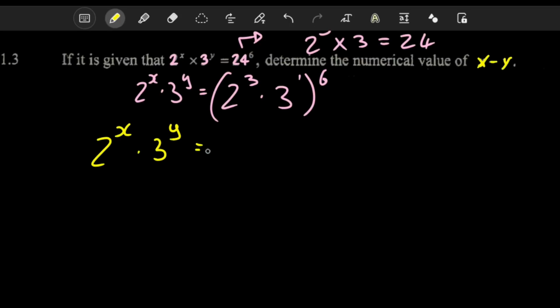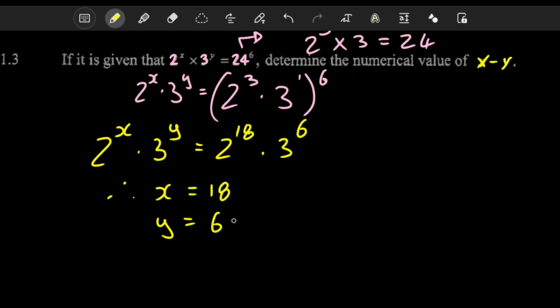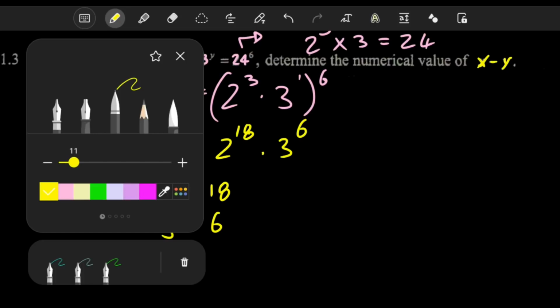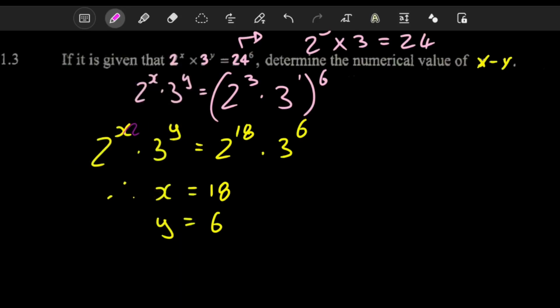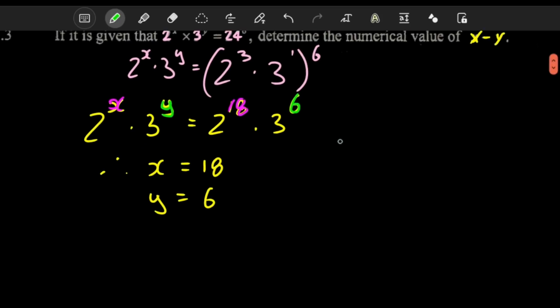On the right hand side, however, you want to multiply the 6 with each of these exponents, because those are your exponential laws. Then clearly you can see that x is 18, y is 6, because there's an x over here, 18 over there, y over here, 6 over there. So x minus y is going to give you 12. So you get your answer, and then you keep moving forward.